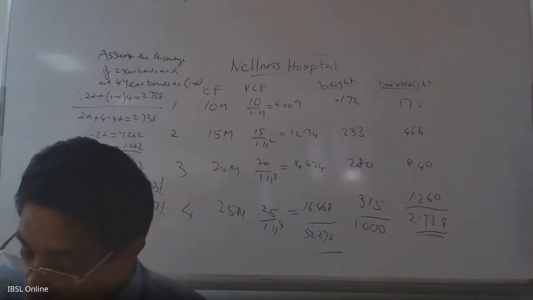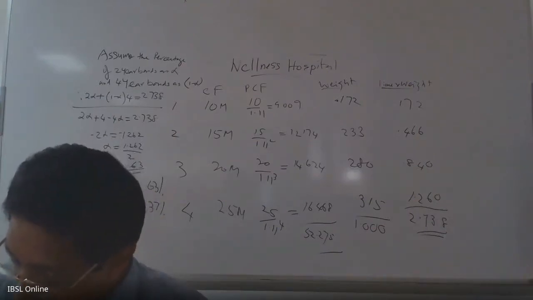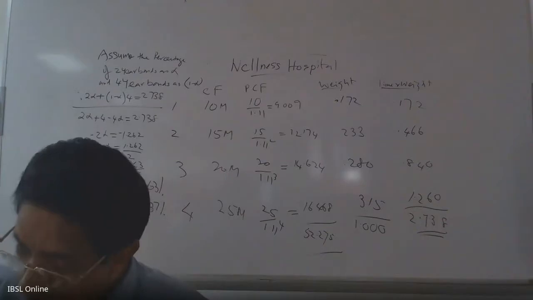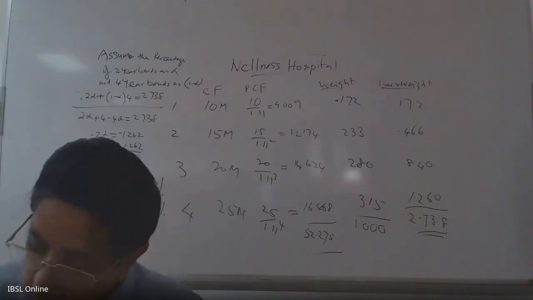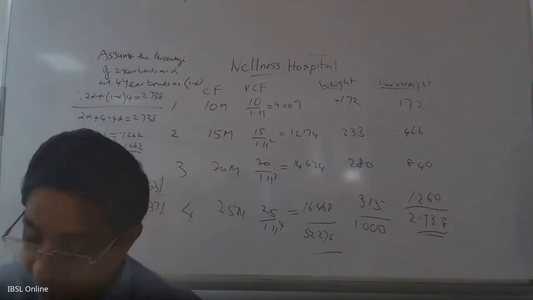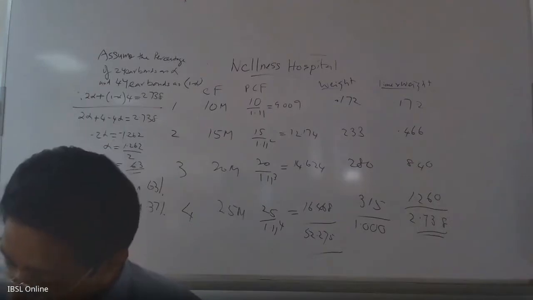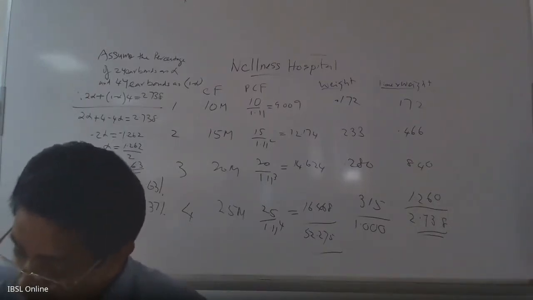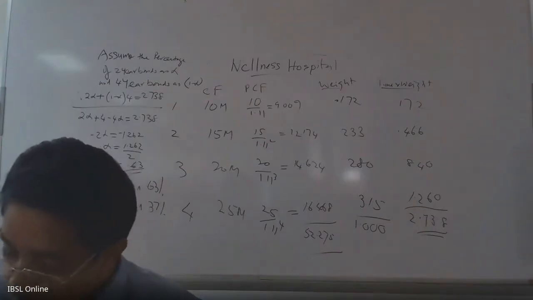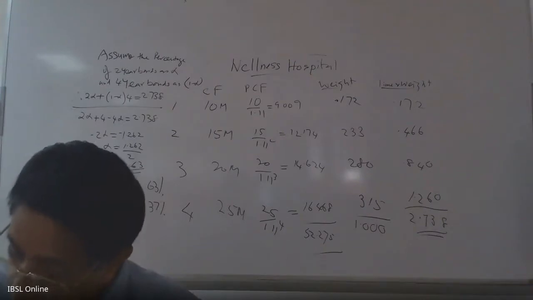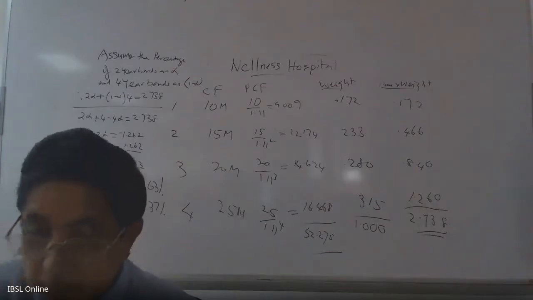But what you can do is, you need to multiply with 1.11 to the power 4. 29.36. Yes, correct. 4-year bonds 29.36. Then two-year bonds, 40.57.